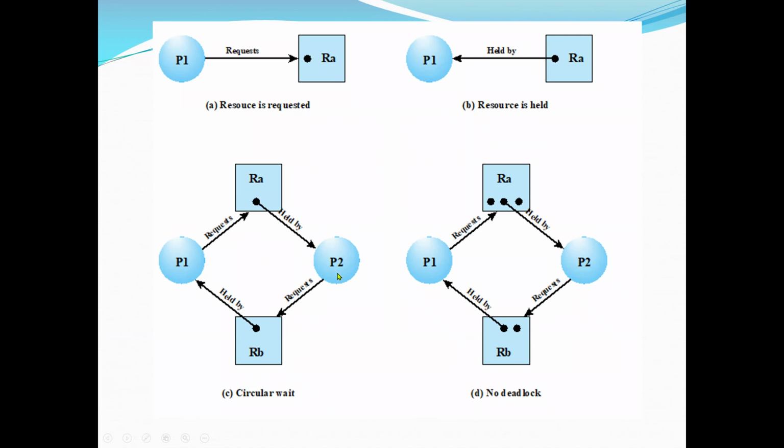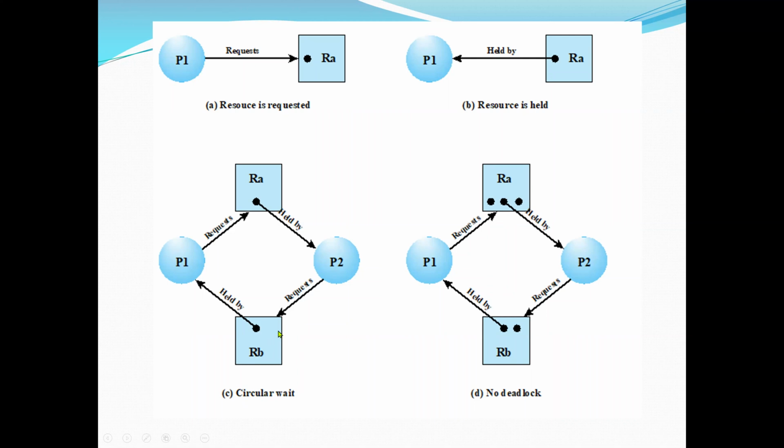And also P2 requests resource RB and it is held by P1. So process 1 needs some resources, but they are held by process 2. Process 2 also needs some resources, but that resource is also held by process 1. So this is called the concept of, again, circular wait.